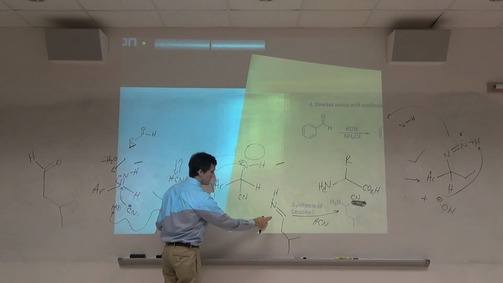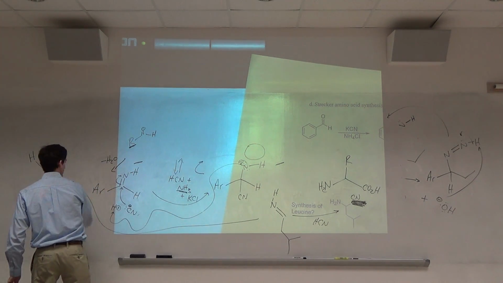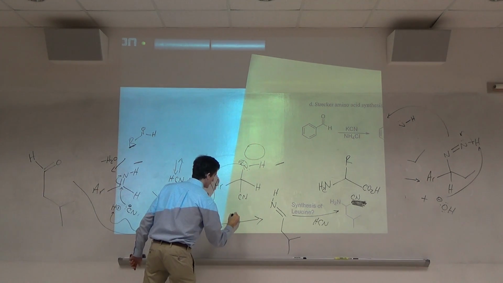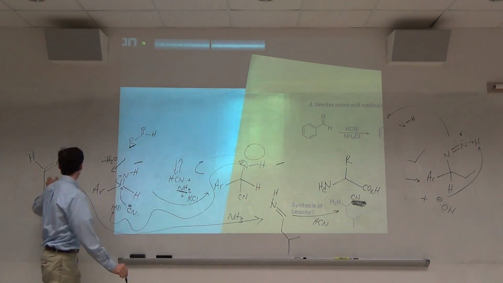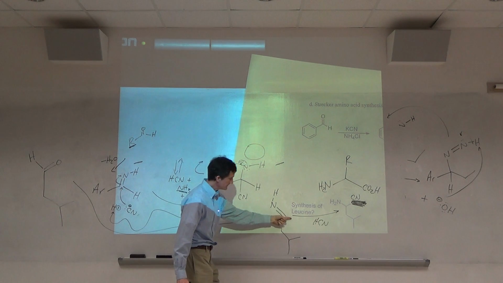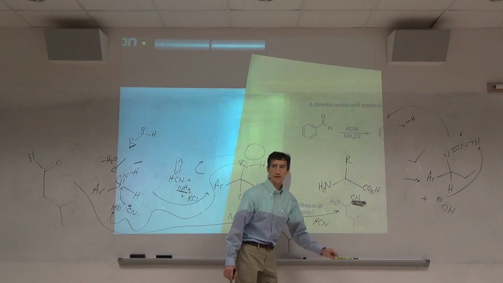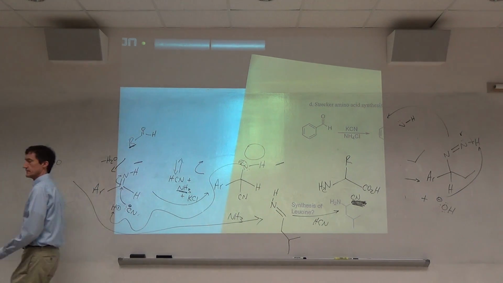And this used to be what before ammonia added to it? This. This reacts with ammonia to give this imine. There's an H there. Then HCN adds. You get this, and then you hydrolyze the cyano to a carboxylic acid.